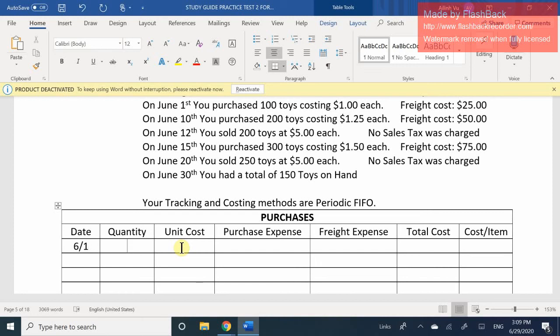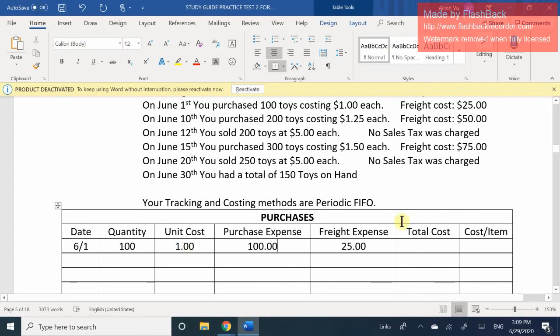David, what happened on June 1st? You purchased 100 toys. Unit cost is $1.25. And your total purchase is 600. Total purchase, sorry.